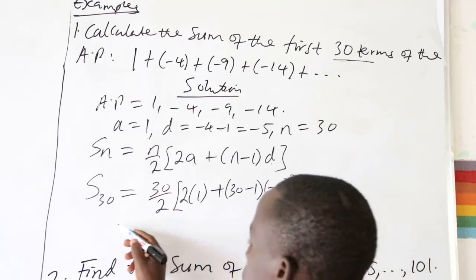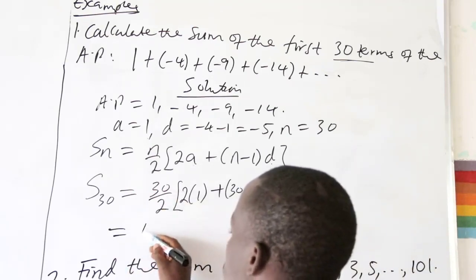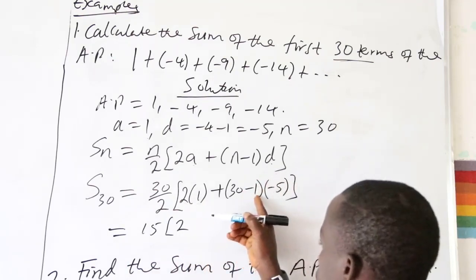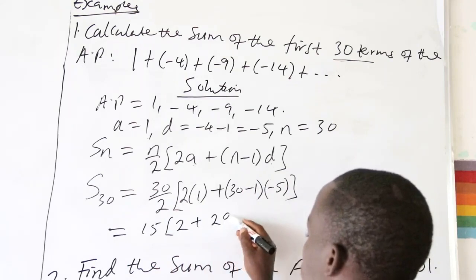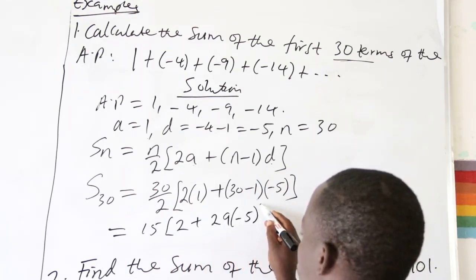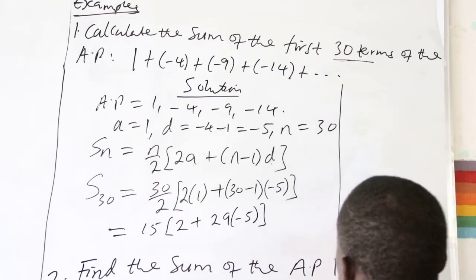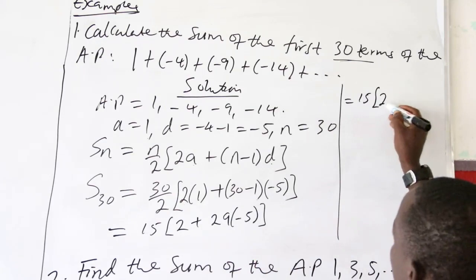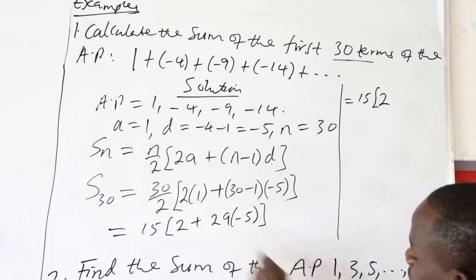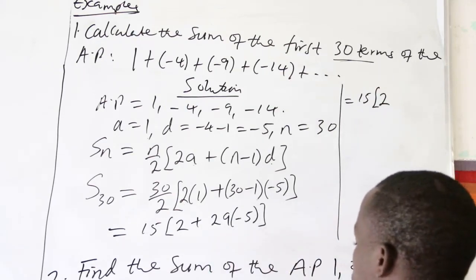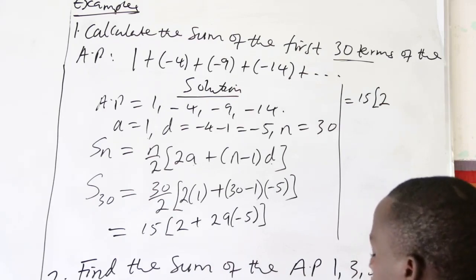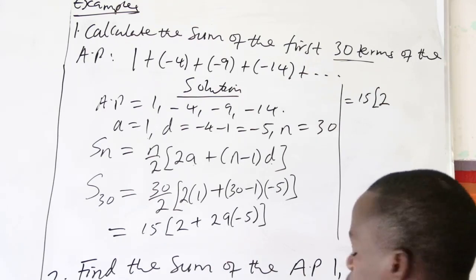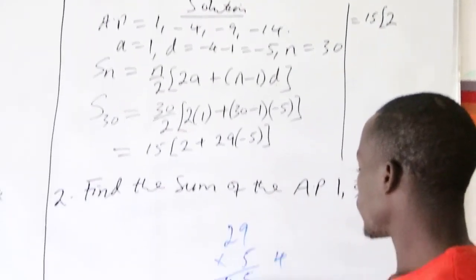Alright? So this will give us 30 divided by 2 is 15, into 2 times 1 is 2, plus 30 minus 1 is 29, so we have 29 times minus 5. Now let's check it out. 29 times 5: 5 times 9 is 45, we write 5 and carry 4; 5 times 2 is 10, plus 4 is 14.